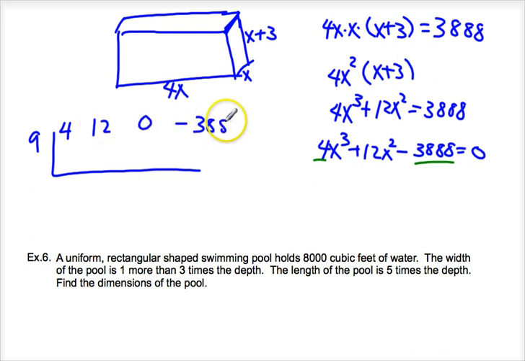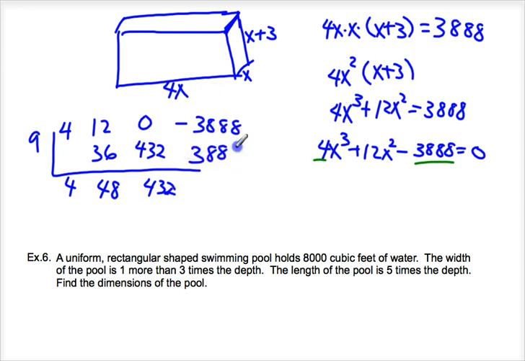You're going to have a problem because there's no x term, so you'd have to drop the 4, 36, 48. 9 times 48 is not the same as 9 times 50 minus 18. So that'd be 450 minus 18, that'd be 432. Add 432. And then you might want to verify that 9 times 432 is 3888. Looks good.